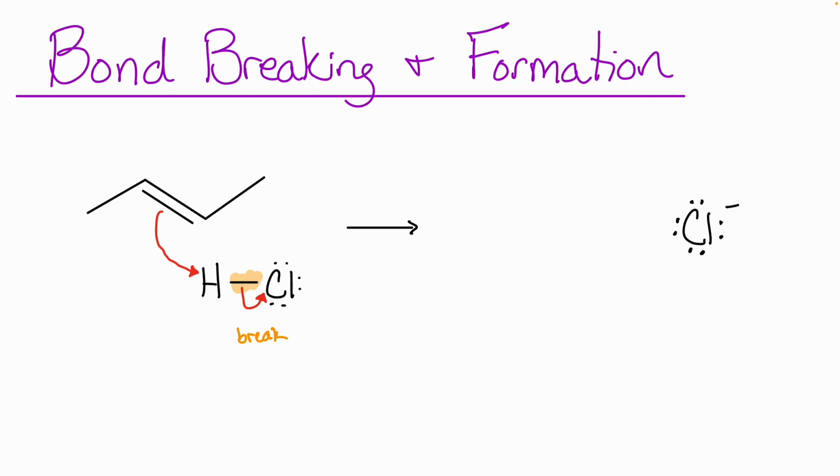But this other arrow here starts at a bonding pair, and it will become a bonding pair as well. So this is now our new bond breaking and formation. To be clear, it's breaking that carbon-carbon pi bond, and it's forming a new carbon-hydrogen bond.